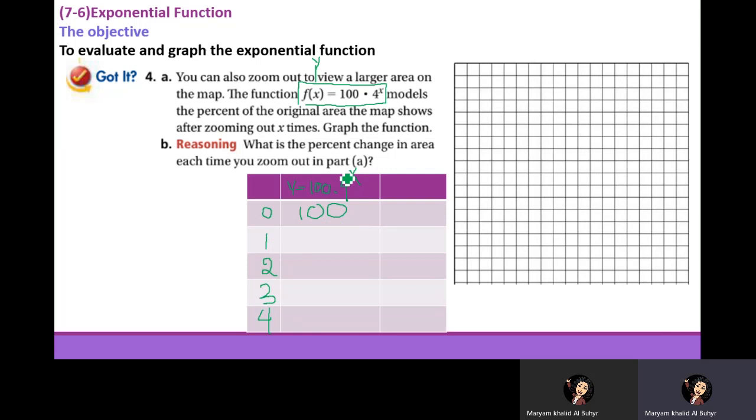Once you substitute 1, it will be 100 times 4, which is 400. Then 100 times 4 to the power 2, that will be 16. 16 times 100, 1,600.